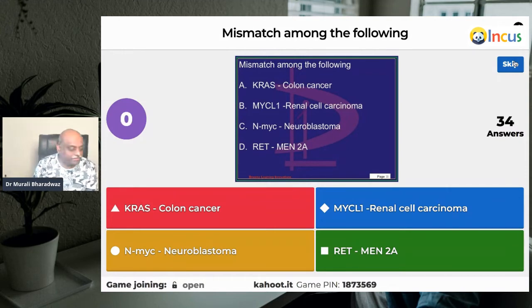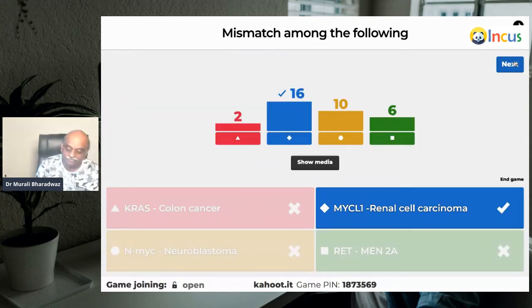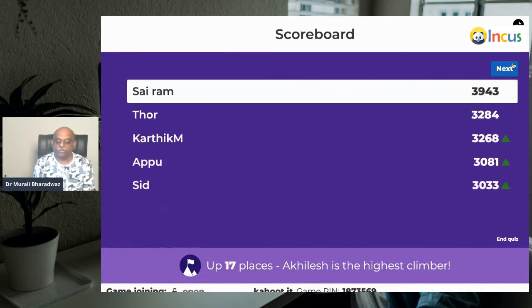So Sushant is betting on MYCL1. Very good. 16 of you, including Sushant. Absolutely right. So, doctor, that keeps Sairam up, but Karthik, Appu, Siddhar closely trailing.